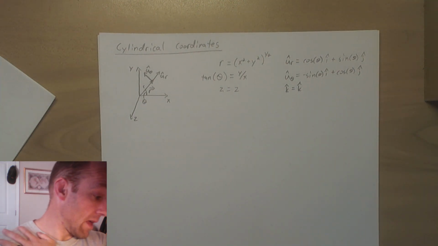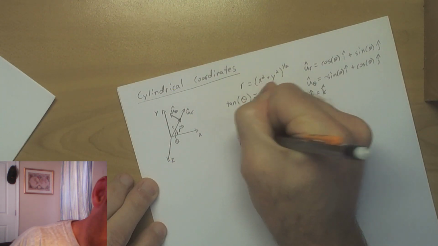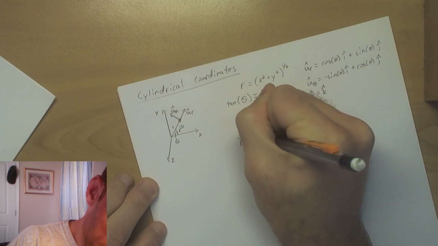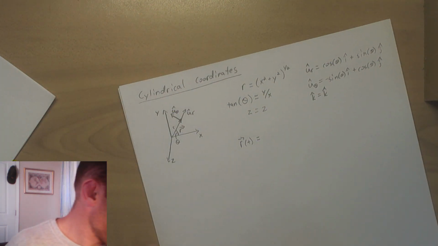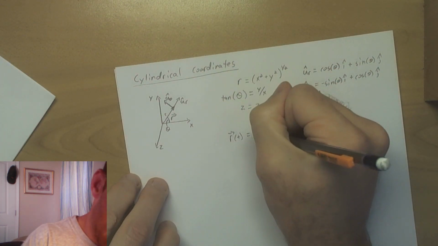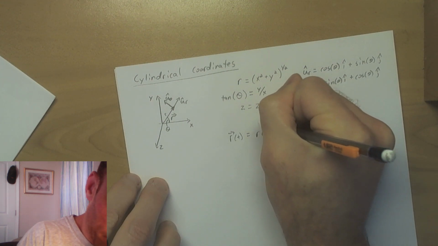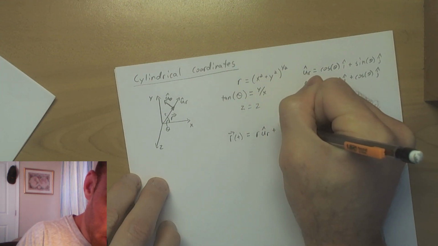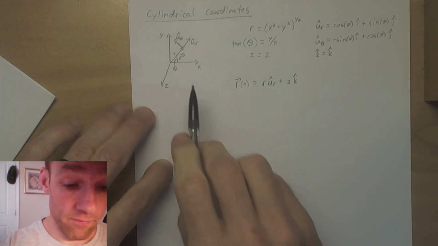All right. So the position vector. The position vector in cylindrical coordinates is just the coordinate r times u sub r plus the z coordinate times k, right?